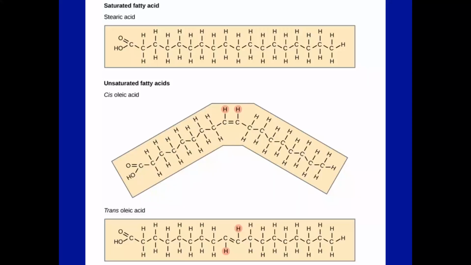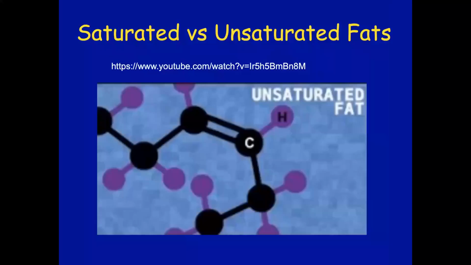They're not on the same side as they are in the unsaturated fatty acid. That becomes an incredibly important structure when you are talking about trans fats, and see how that is named trans oleic acid, whereas the one in the middle is cis oleic acid. Cis means same side, trans means across. Stay tuned on that. We're going to be talking more about that momentarily. Make sure you watch this video. You know what I'm going to say about assessments.